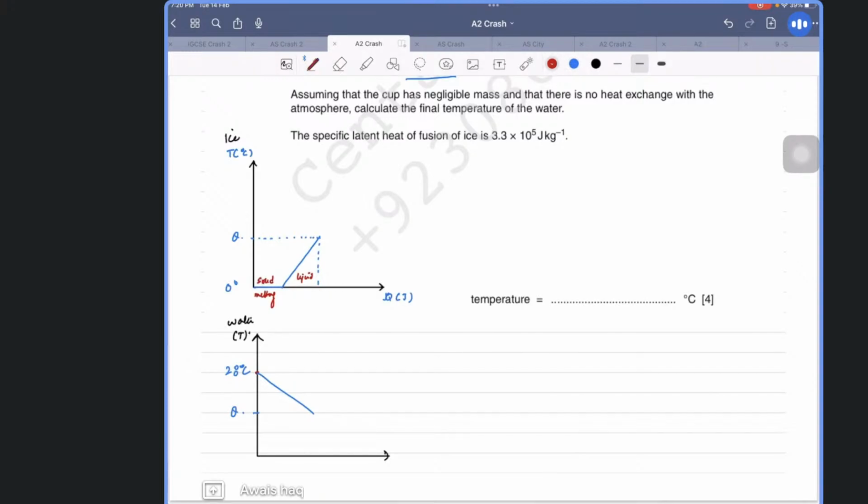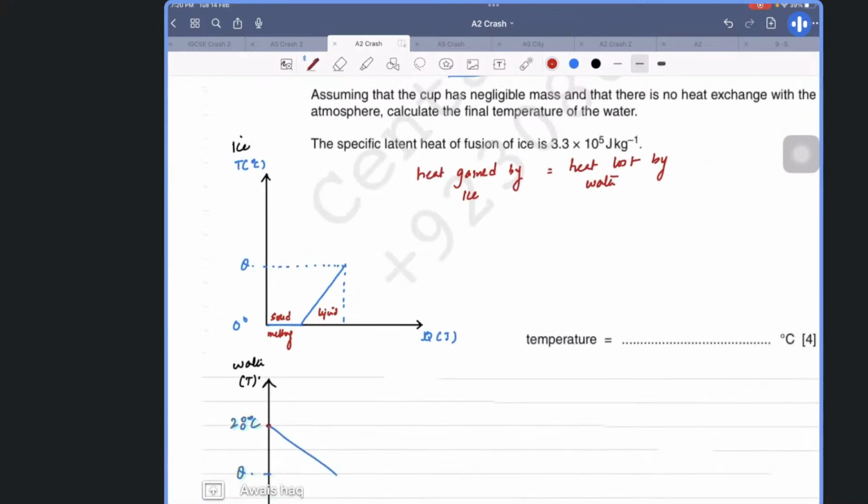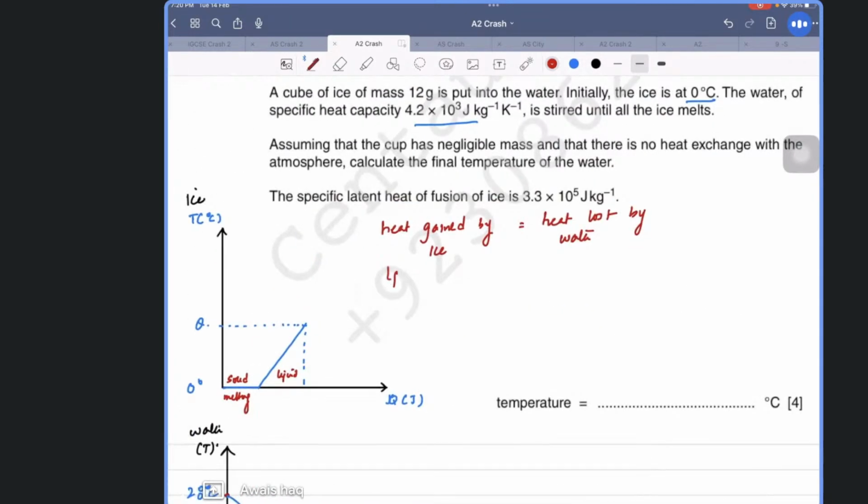So whatever heat is gained by ice comes from the heat lost by water. Now, what are the stages of ice? It was melted, which means I need to use latent heat of fusion times mass.